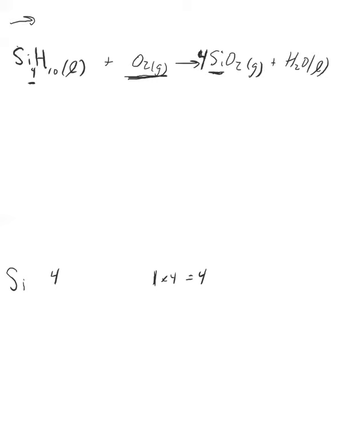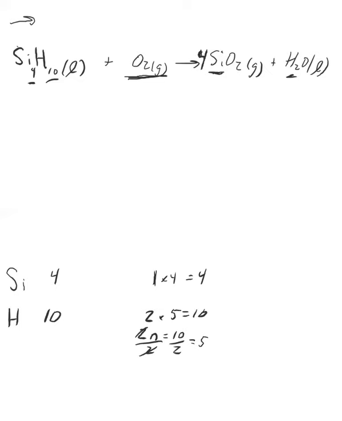So let's do the hydrogen next. On the left side, you've got 10. And then on the right side, you only have 2. So again, you've got to multiply it by some number, right? Mathematically, you could say, look, 2 times some number equals 10. So if you divide both sides by 2, you get 5, right? So that means we multiply by 5 to get 10.